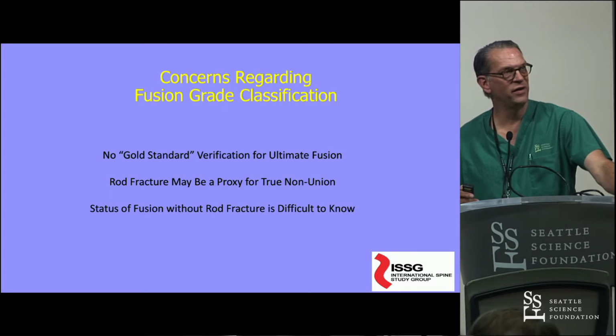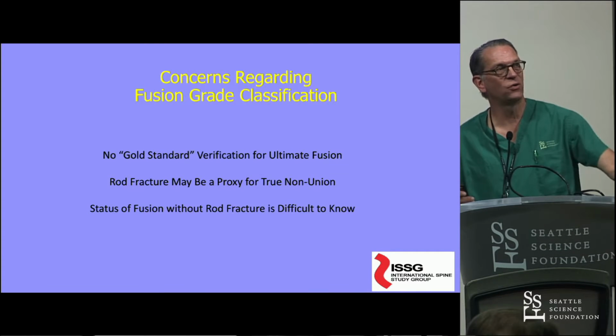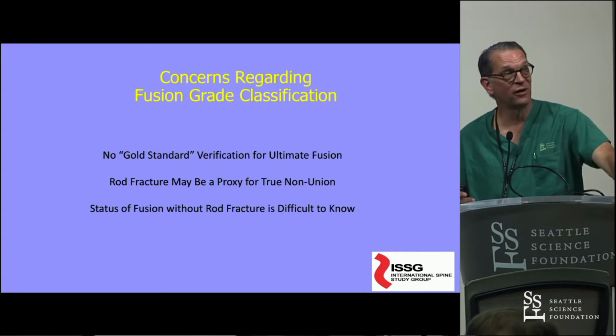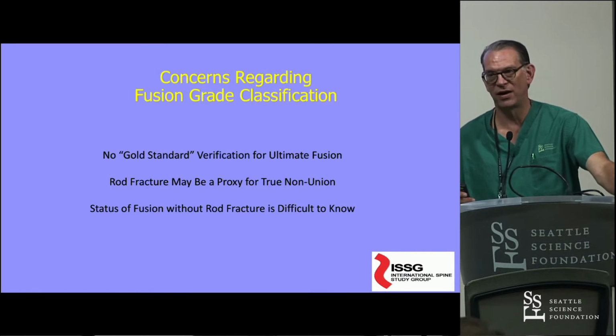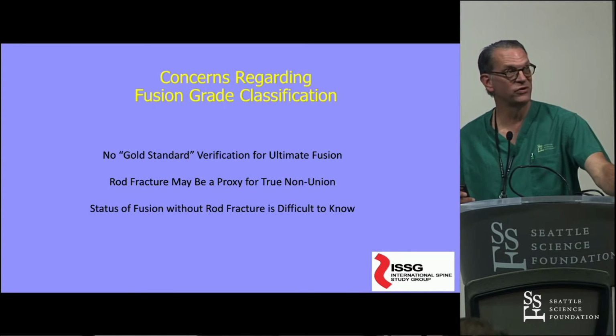But the data to support the validity of that classification is really fairly limited. And we really don't have a gold standard radiographic verification for ultimate fusion. So even CT scans, which provide much more detail than plain X-rays, are not sufficient to really know for certain that a fusion is solid.